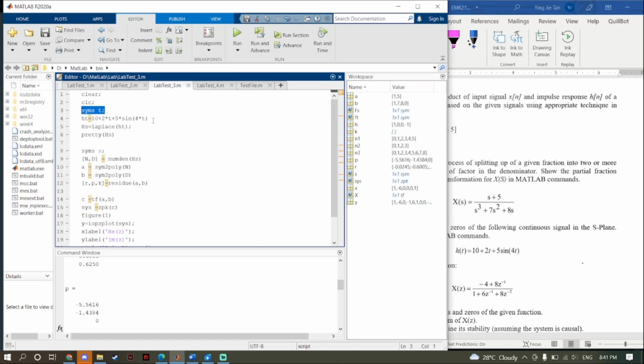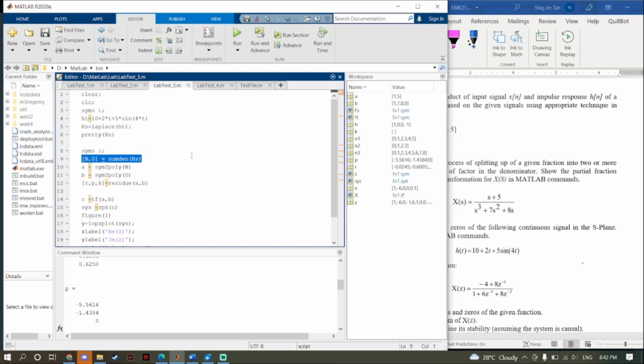And then after that we code our equation, and then convert it to become HS, so later we can put it in our S-plane, our S domain. After that we go to our S domain, syms s, and then N and D stand for the numerator and denominator of HS. I do this to let the system remember my N and D.